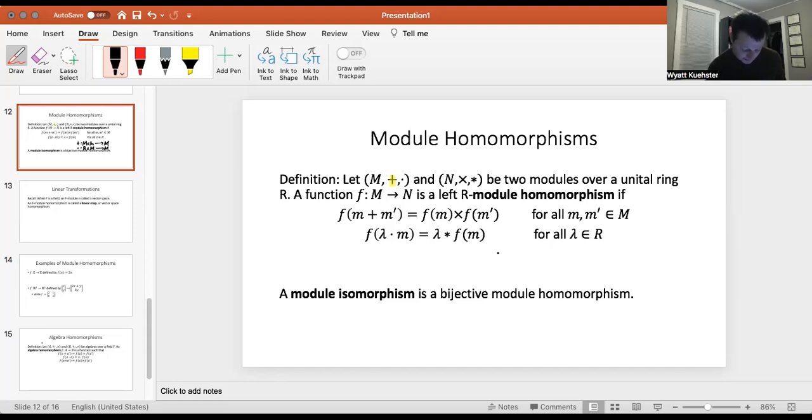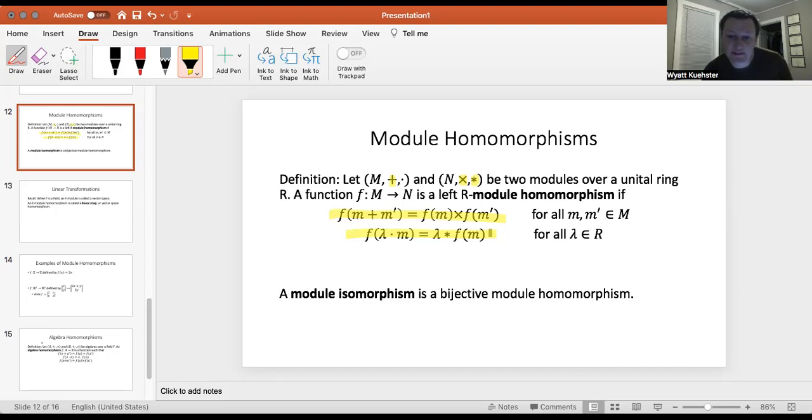Just to remind you of those operations. And here we'll let star be the scalar multiplication in N, and times be the addition. Okay, so a module homomorphism has to respect the addition structure and the scalar multiplication structure.